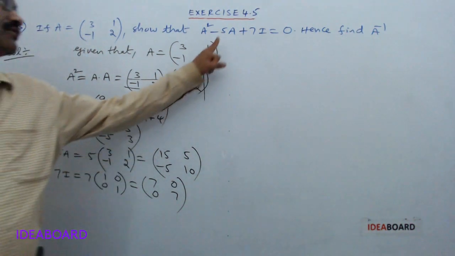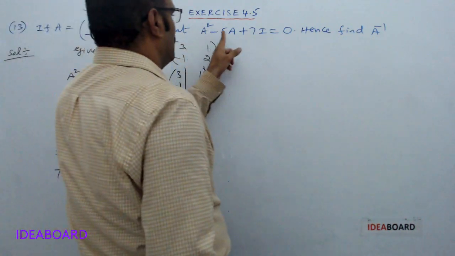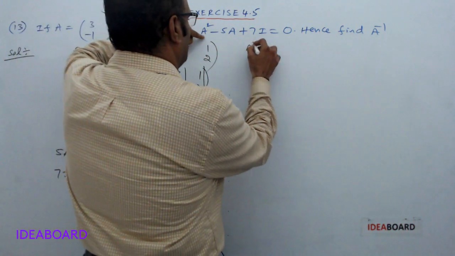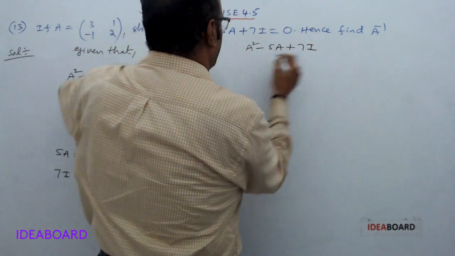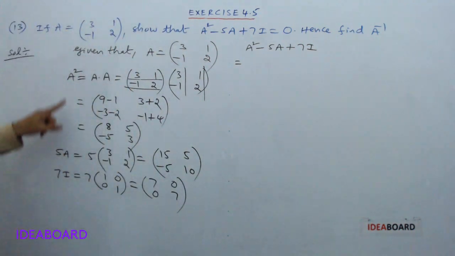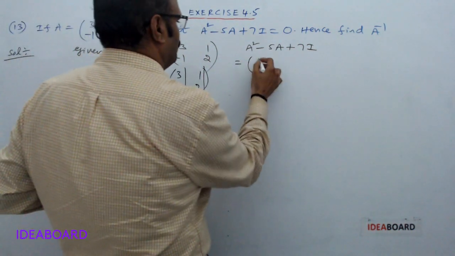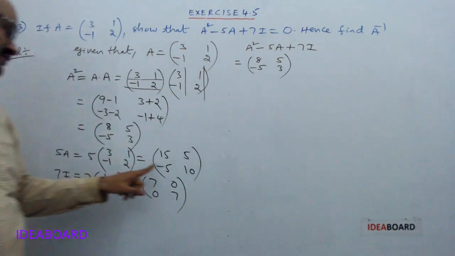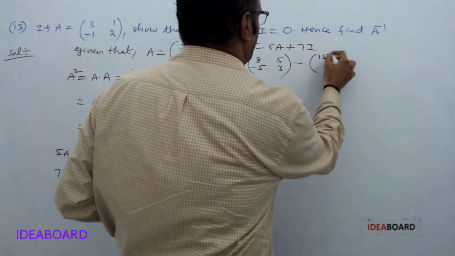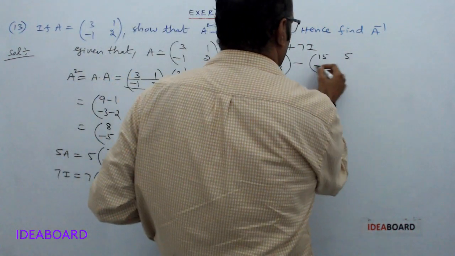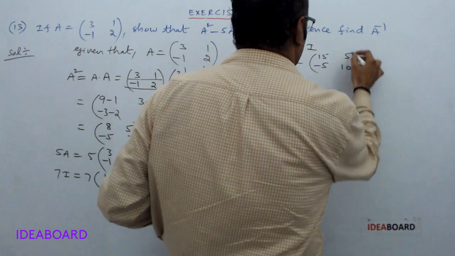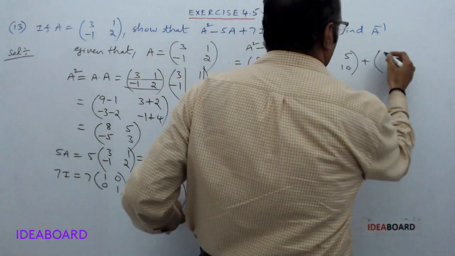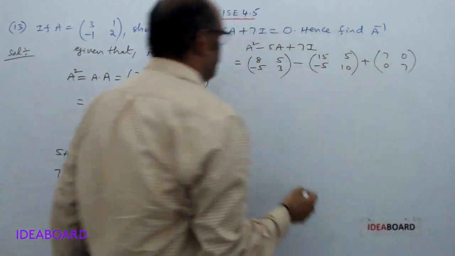Now we have to get the sum of these three equal to null matrix. So take A square minus 5A plus 7I: A square equal to [8 5; -5 3], minus 5A equal to [-15 -5; 5 -10], plus 7I equal to [7 0; 0 7].